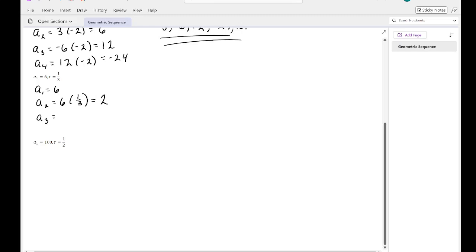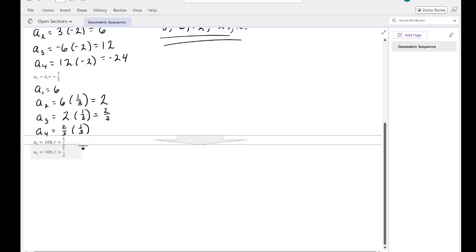Then the third term is going to be 2, and we're going to multiply it by 1/3 again. This time it's going to give us 2/3. All right, a little bit weird, but it's just what goes. And then the fourth term is going to be 2/3 multiplied by 1/3.